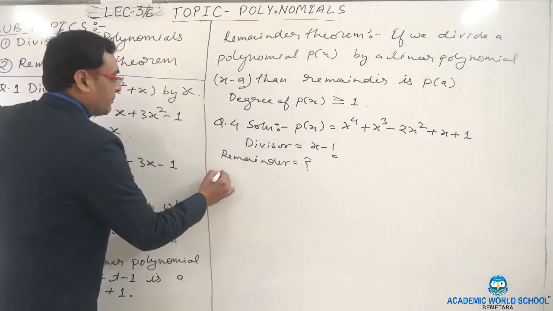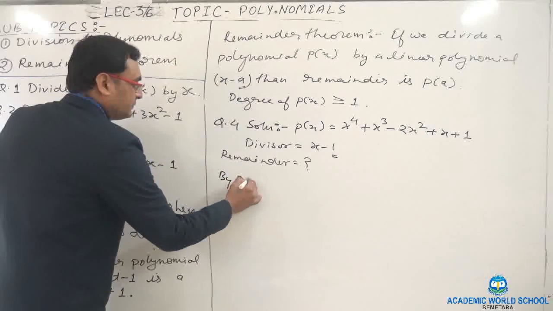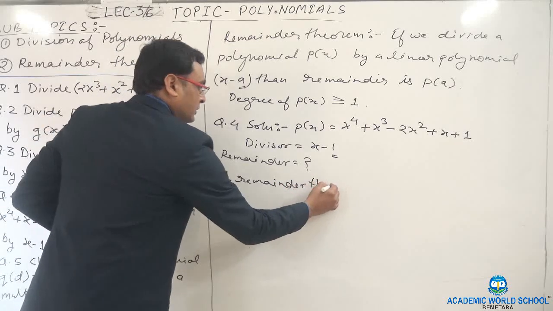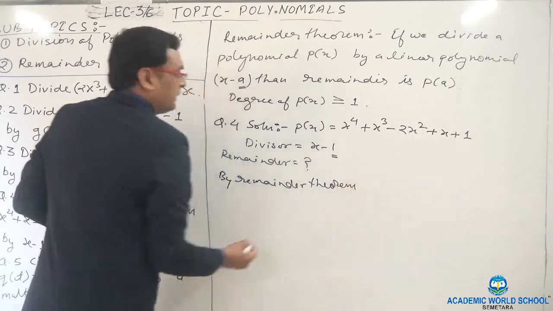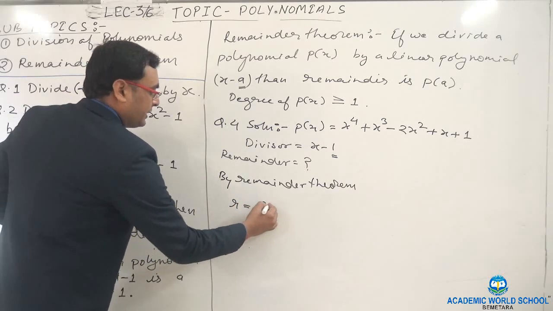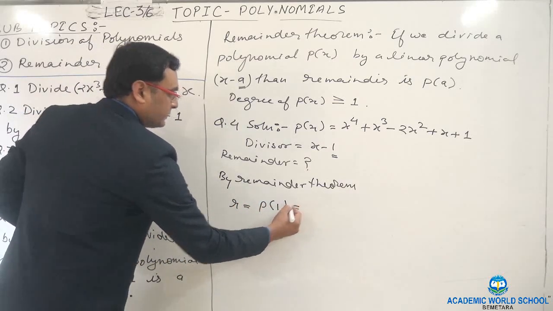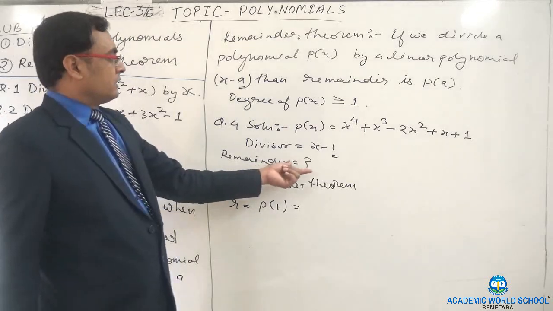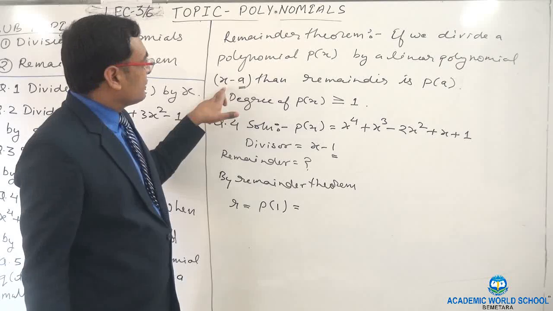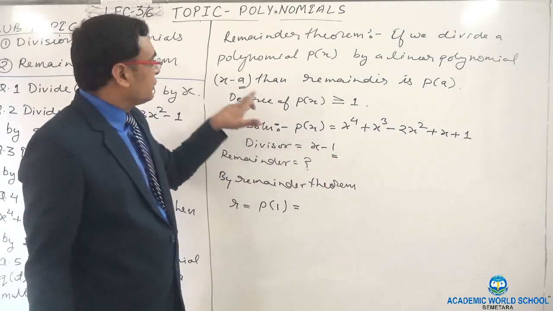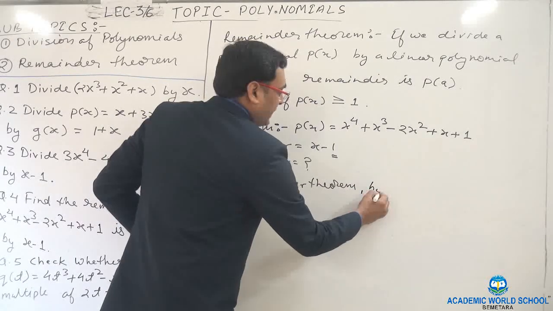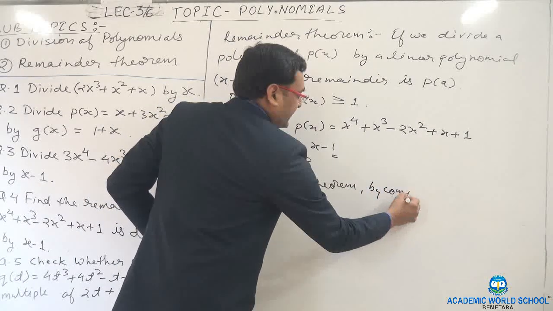So by remainder theorem, remainder is equal to p(1). You already know by comparison x minus a, x minus 1, the value of a is equal to 1.